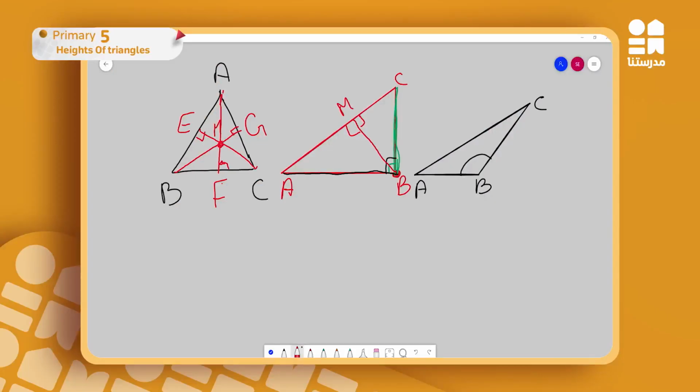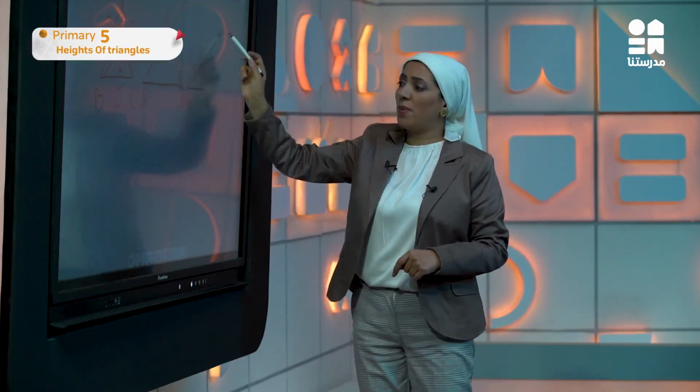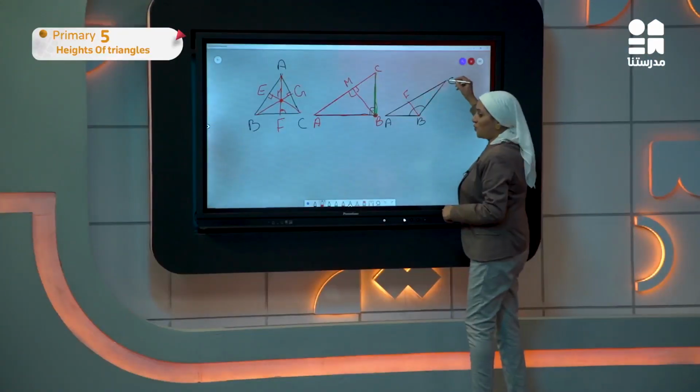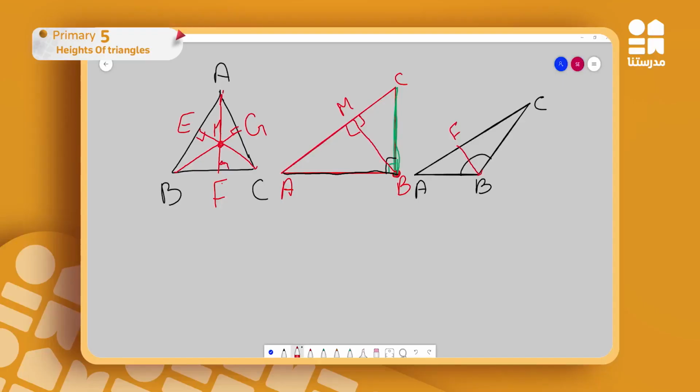Then here, from the point B, I draw my first altitude, say at point F, then BF is an altitude dropped on the base AC. Now I want to drop an altitude from my vertex C. Then if I drop it, it's in the air.